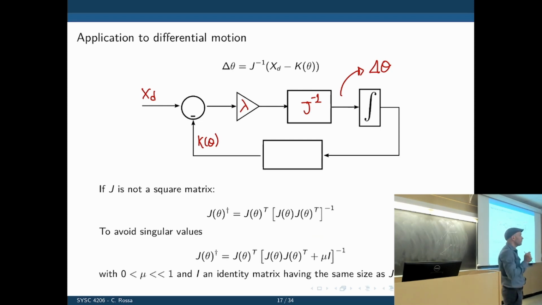To go from the variation in theta to theta, what do we do? Integrate. So the other side of the integrator has theta. Now how do we go from theta to k? That's the forward kinematics equation, so here we have k of theta.